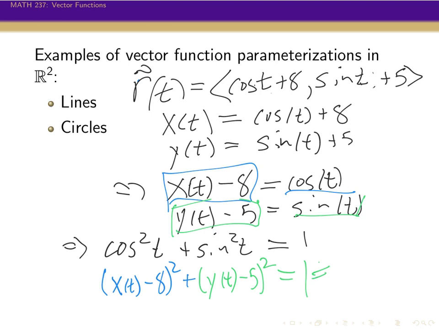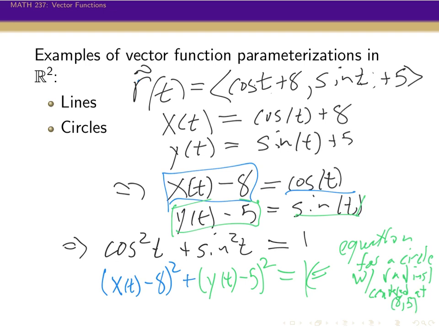This is the equation for a circle with radius 1 centered at the point (8, 5). So that works exactly the way we want it to.